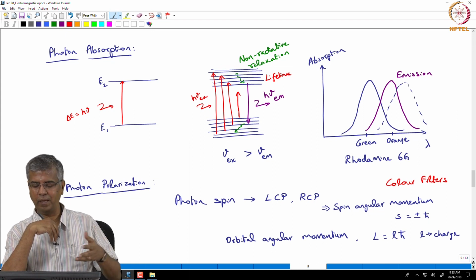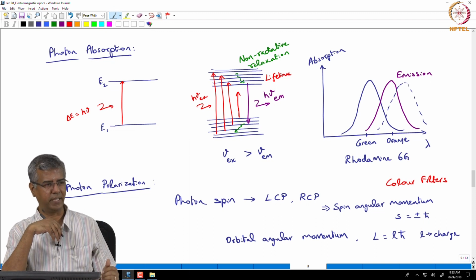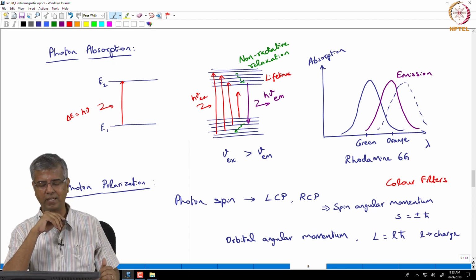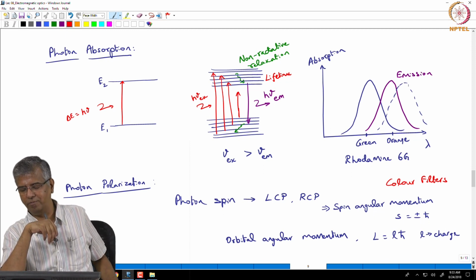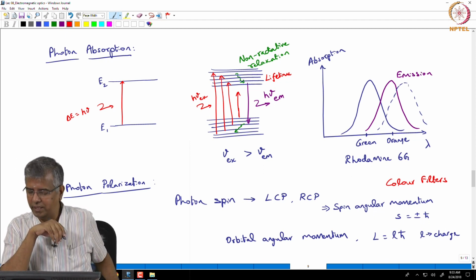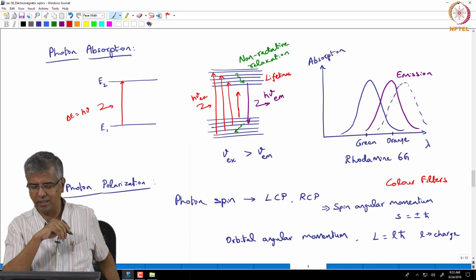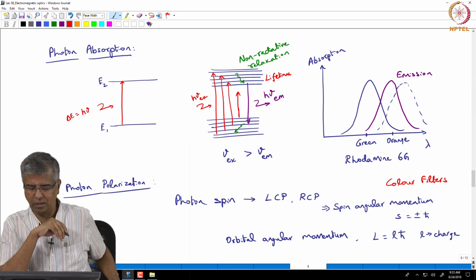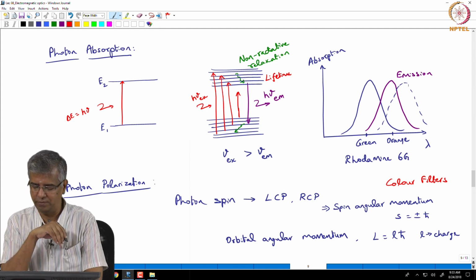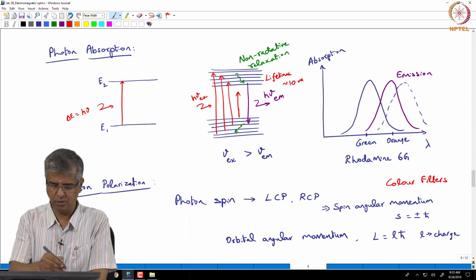That lifetime for Rhodamine 6G is about 10 nanoseconds. In fact, we were trying to do a demo where we can measure this lifetime, but unfortunately that did not work out because we cannot generate pulses much faster than 10 nanoseconds with the equipment that we have. Nevertheless, the lifetime is approximately 10 nanoseconds.